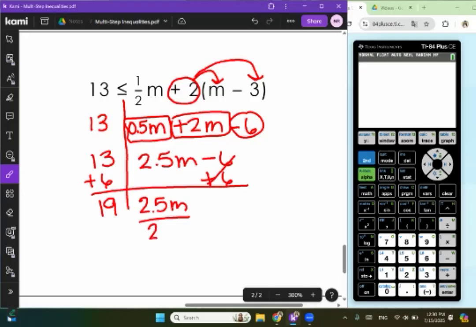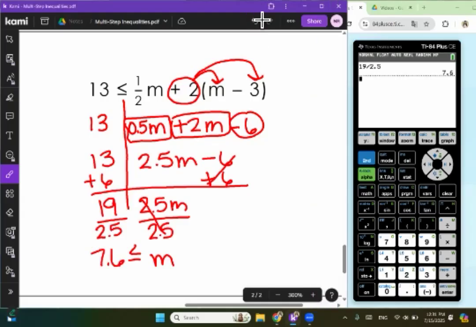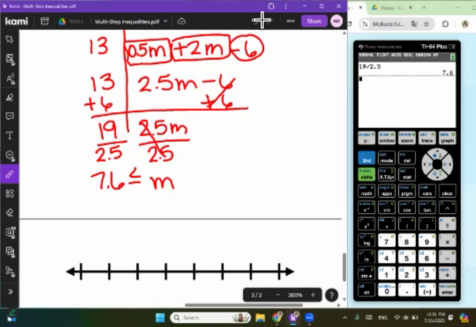And last step is to divide. When we're dividing, the number that's moving across is positive, so we do not need to flip. Now 19 divided by 2.5 is 7.6. It was probably going to give us a terrible fraction, so I'm glad we changed it to 0.5 in the beginning.